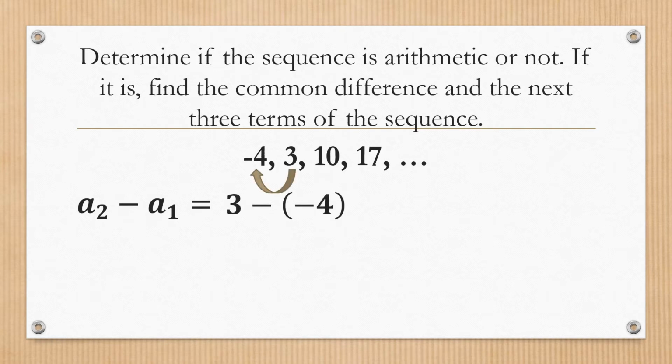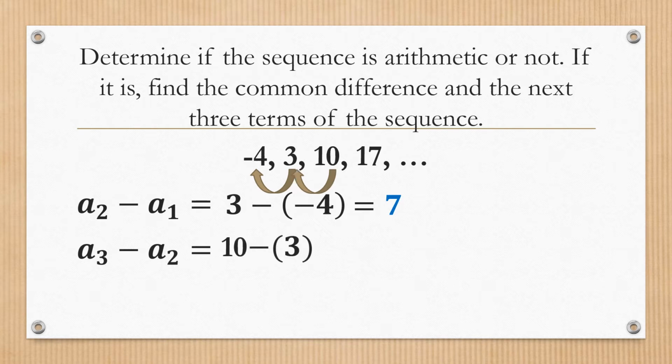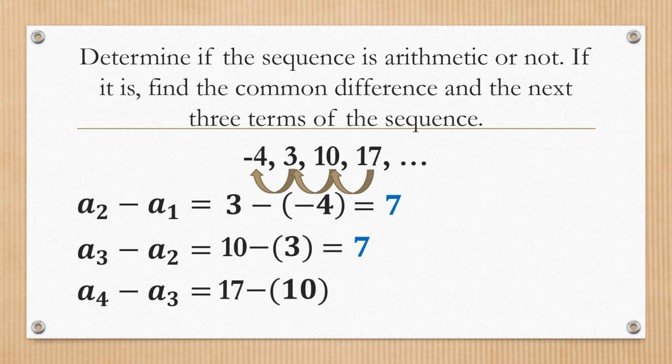So we have 3 minus -4, and the answer is 7. We subtract again the second term from the third term. So we have 10 minus 3, which is equal to 7. And we also have to subtract the third term from the fourth term, which is 17 minus 10, and the answer is 7.